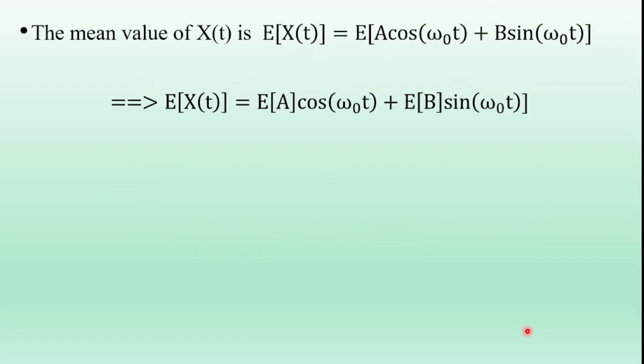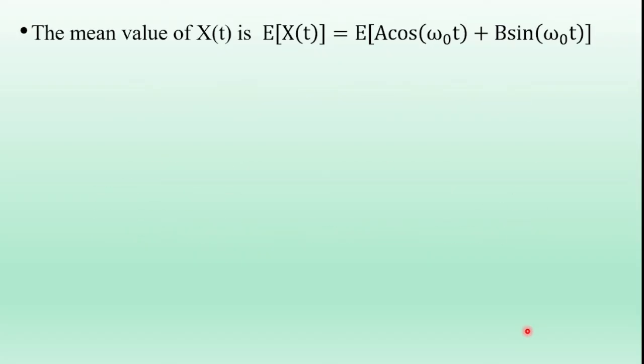For the first bit of the solution, first find the mean value, the expectation of x of t. Expectation of x of t, given that x of t is A cos omega naught t plus B sin omega naught t. Here omega naught is a constant, so cos of omega naught t and sin of omega naught t are constants. Using the expectation property, the expectation of a sum of random variables is equal to the sum of their individual expectations.